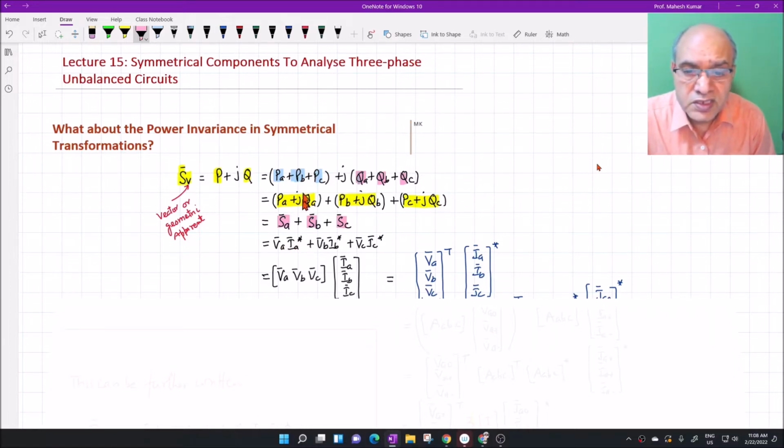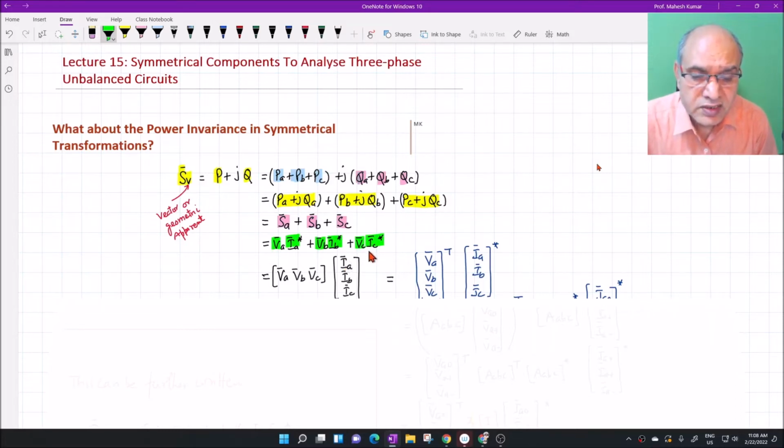We have proved this. The complex apparent power can be written as V I conjugate. So this can also be written as VA into IA conjugate plus VB into IB conjugate plus VC into IC conjugate.